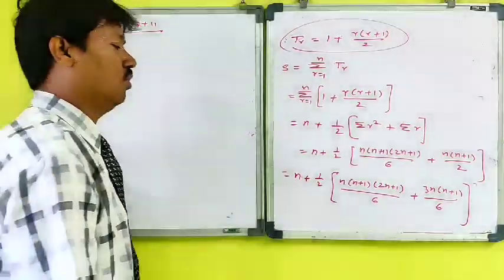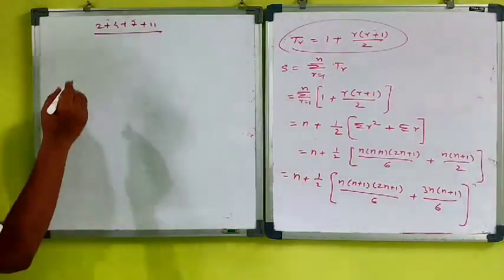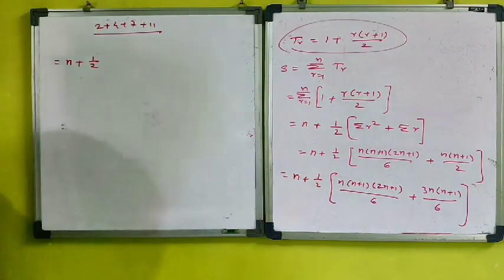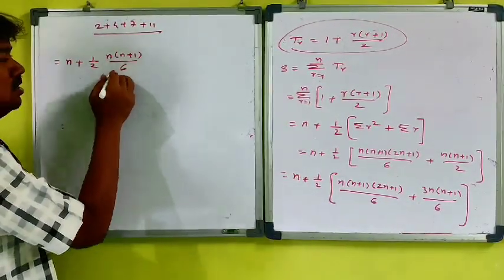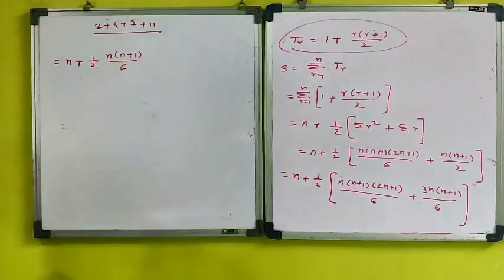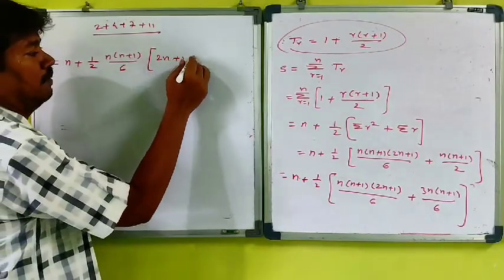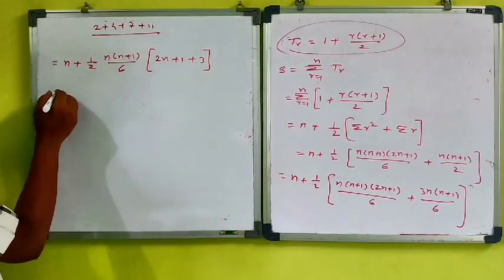Now the denominators are the same. Now n plus 1 upon 6 is common. So what remains? Outside n plus 1 upon 6, inside remains 2n plus 1 plus 3, that is 2n plus 4.